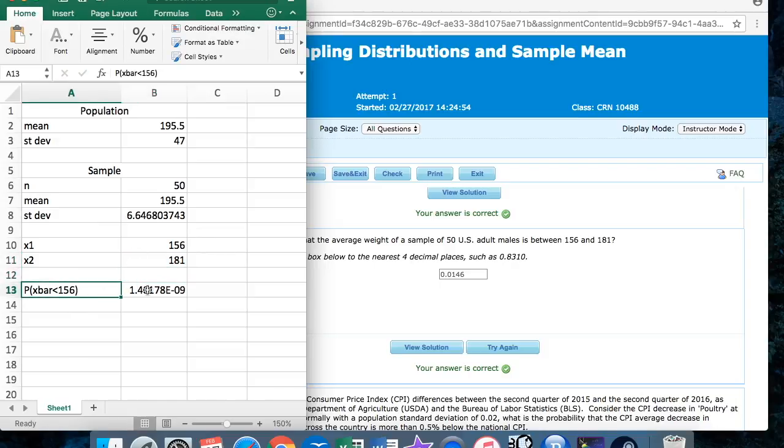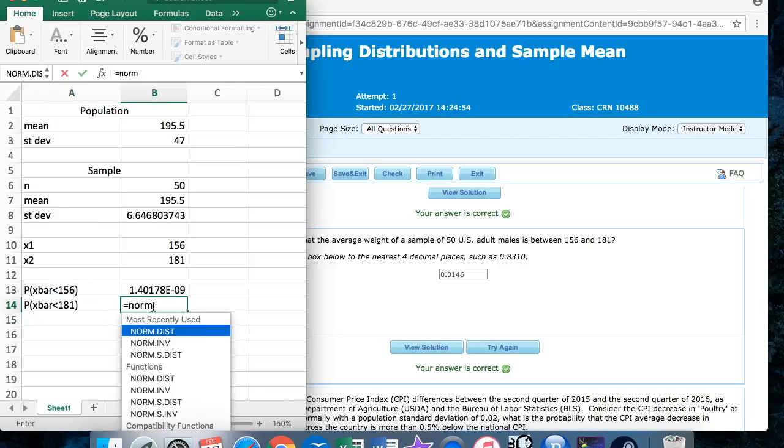Since this is already given to us, we put this in correctly. Excel made the changes in the function already for all the values we changed. The only thing we have to do is retype the probability that x bar is less than 181, less than our next value.